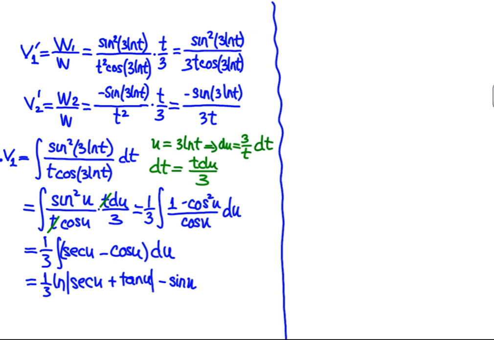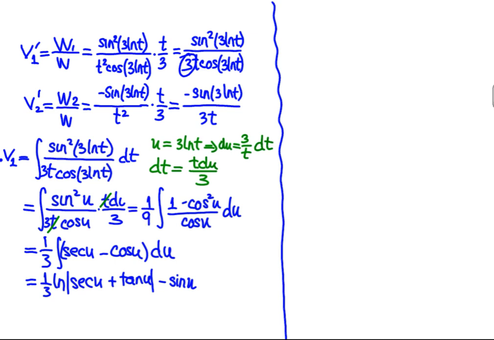And then u. We've missed something again. Sorry, we still have the 3 there. So this should be 1 over 9. Sorry about that.